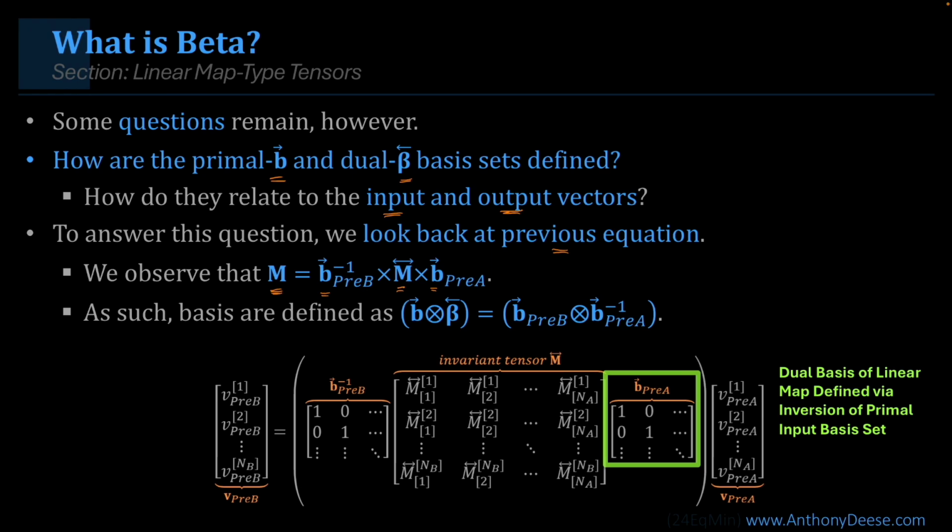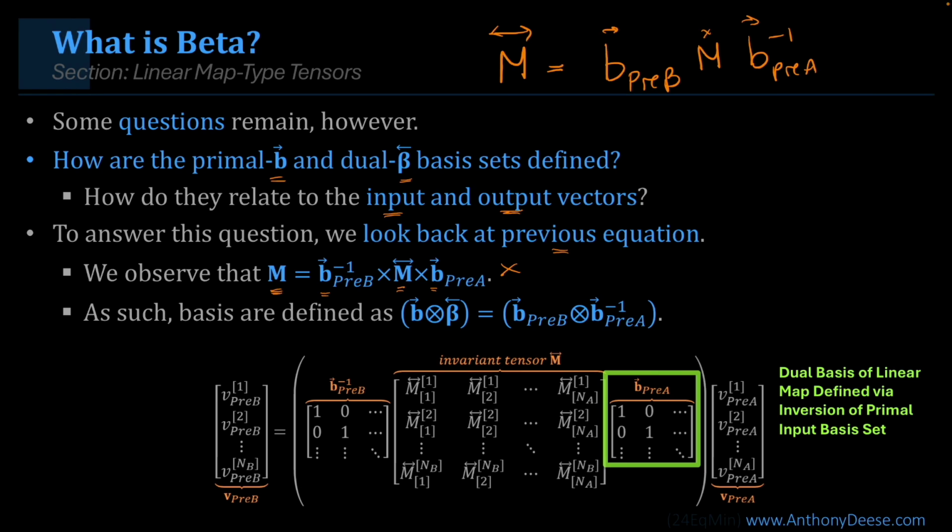And if we take a look at this, we can kind of see what gets inverted and what doesn't. Actually, as opposed to using this form of the equation right here, I think it is more evident if we invert it and look at this form, B pre-B times M, no arrowhead, times B pre-A inverted arrowhead.